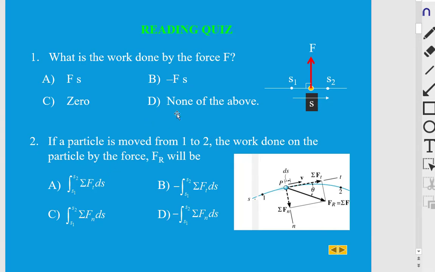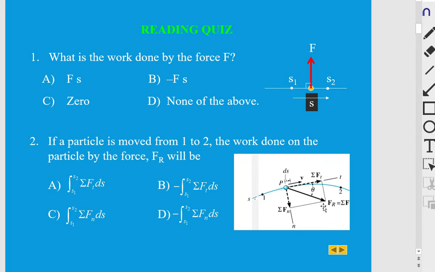Second, if the particle is moved from 1 to 2, the particle is moving along a path defined by S, and the particle is always on that path. The work done on the particle by the force Fr, which is the resultant force, can be decomposed into components such as tangential and normal, or you can use other decomposition depending on the coordinate system you're using.